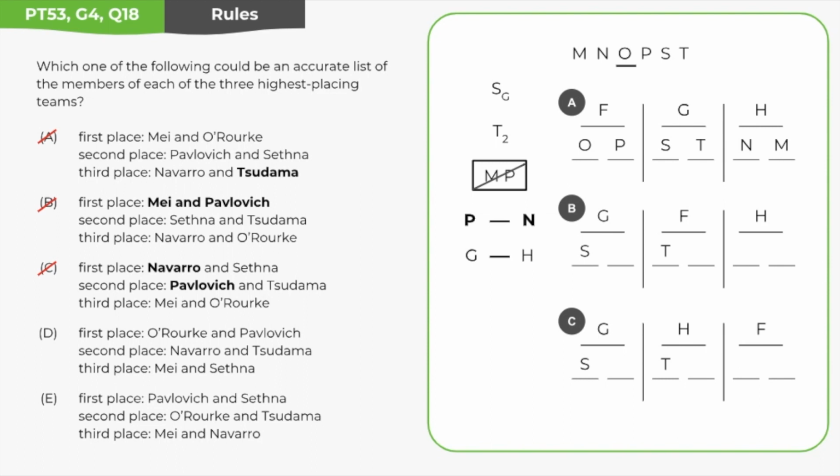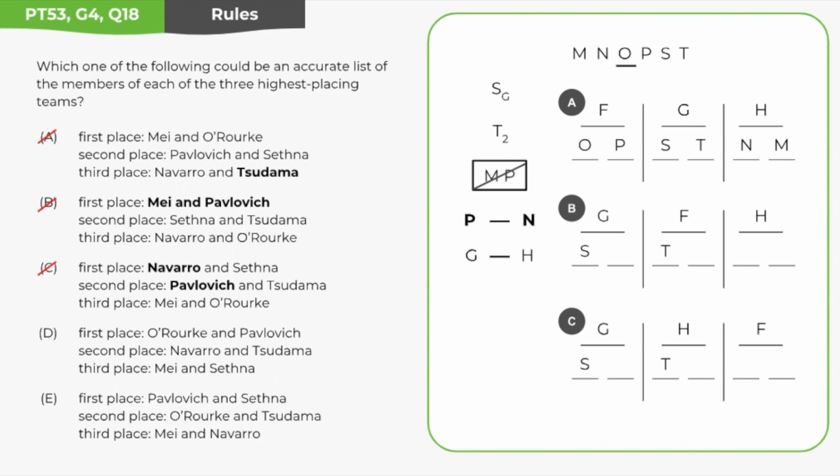The last rule is about G and H, and we don't really know where G and H are going to go. But if we think about the first rule and the last rule in combination with each other, since we know that G has to place in front of H, so the team from G has to place in front of the team from H, that means that the team from G cannot finish third.